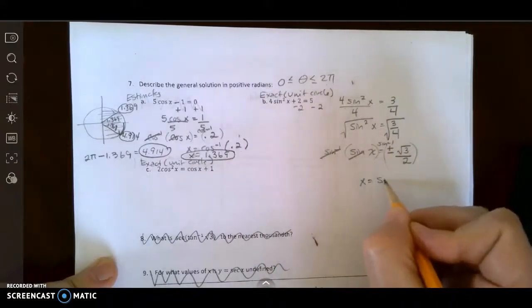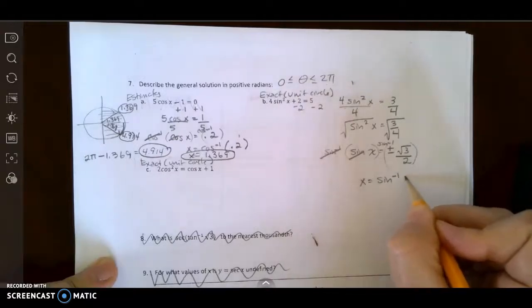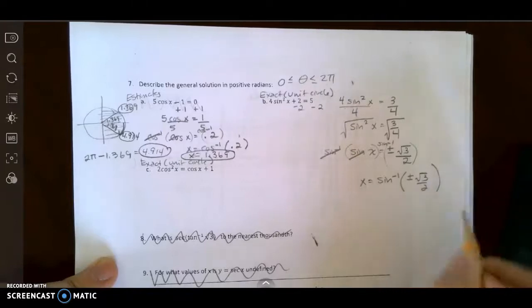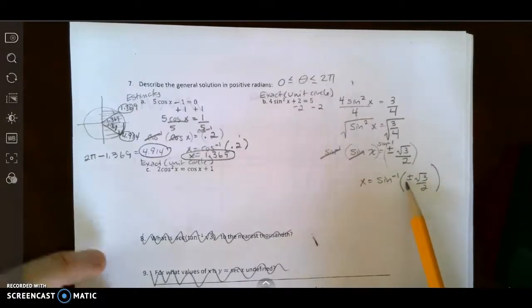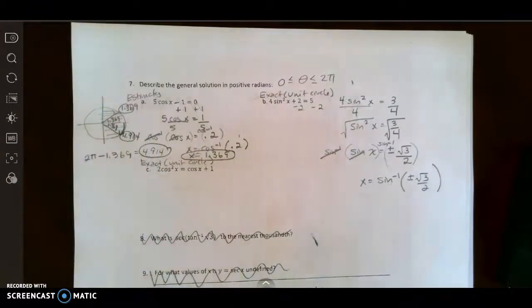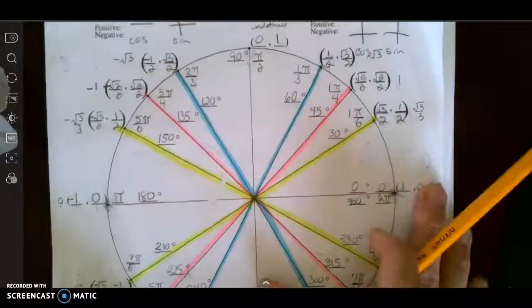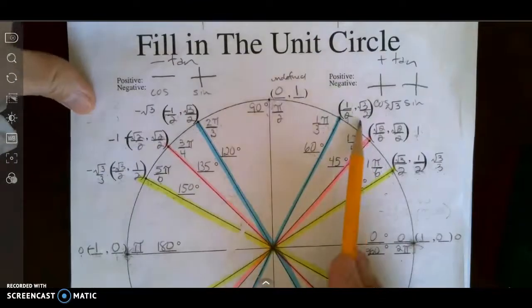x is equal to the inverse sine of plus or minus square root of 3 over 2. So I need to look on my unit circle for where the y coordinate, sine is y, is positive or negative square root of 3 over 2. I'm going to get my unit circle. Let's see, my y coordinate is the square root of 3 over 2 here.